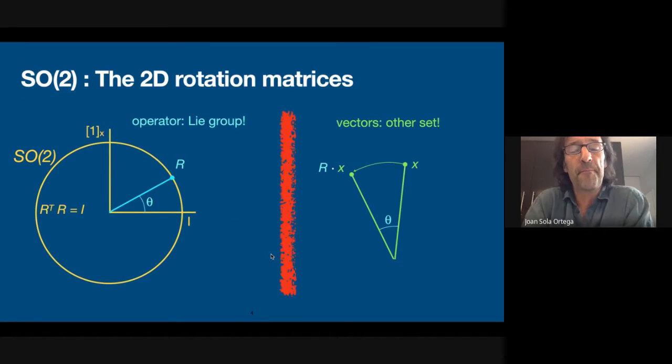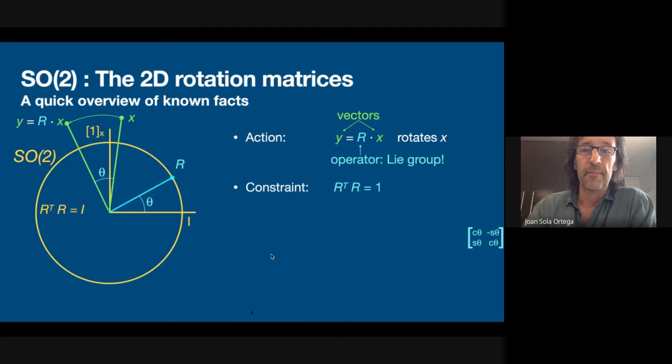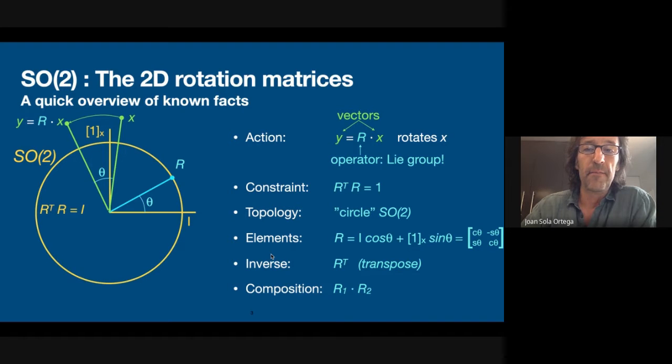But for example, let me go back a little bit. Sorry for this. We have elements of different kind. For example, a rotation matrix is a matrix. And x and y are vectors, in this case in 2D.